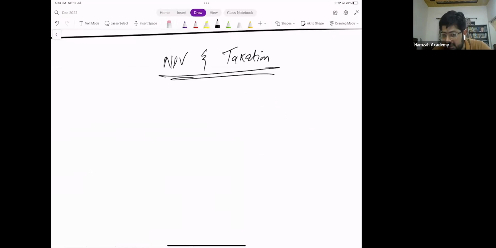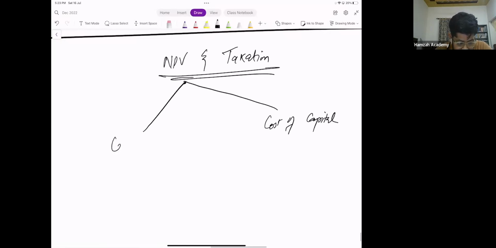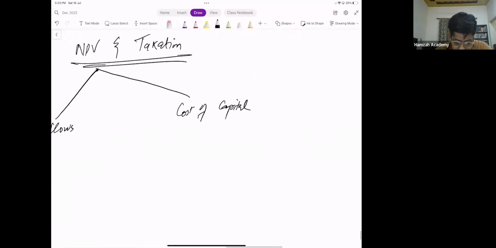There is again an impact on cost of capital and cash flows.